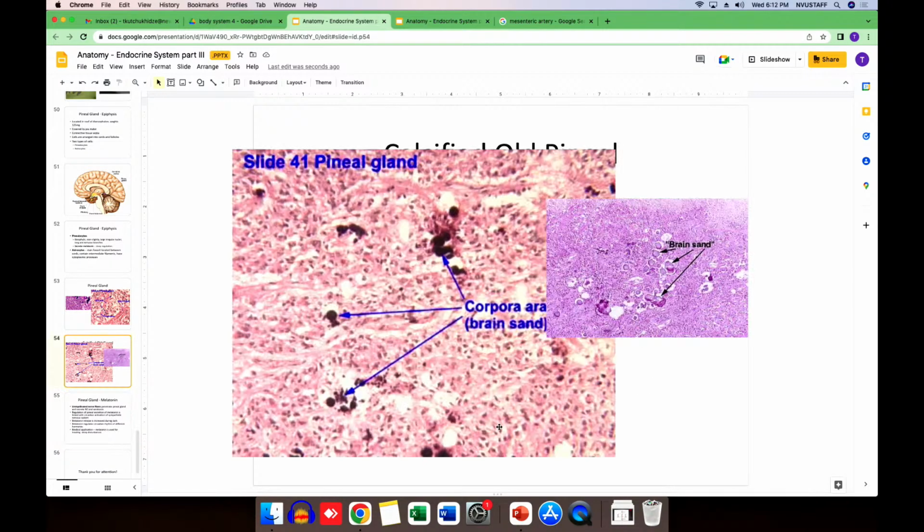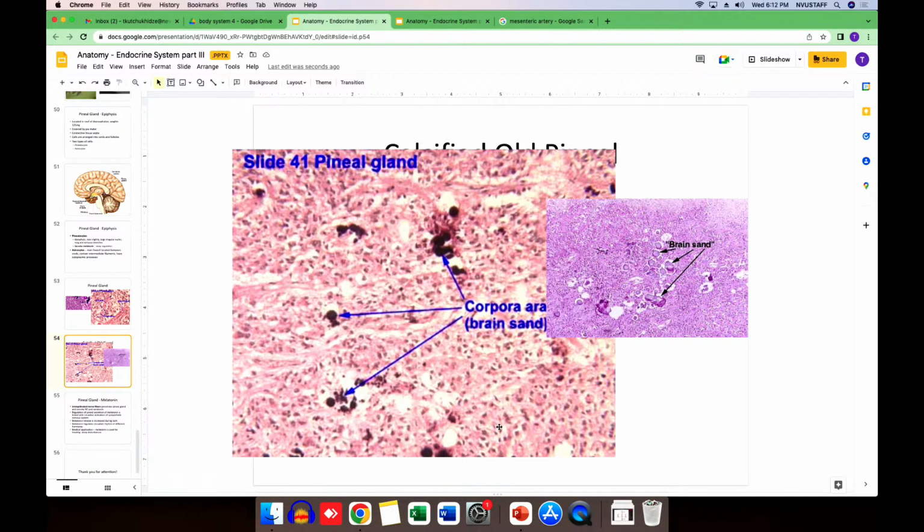So the pineal gland is sensing and releasing our melatonin, right? So it is sensing if it is evening or morning, and it is happening with organic material and electrolytes, which is our sand.